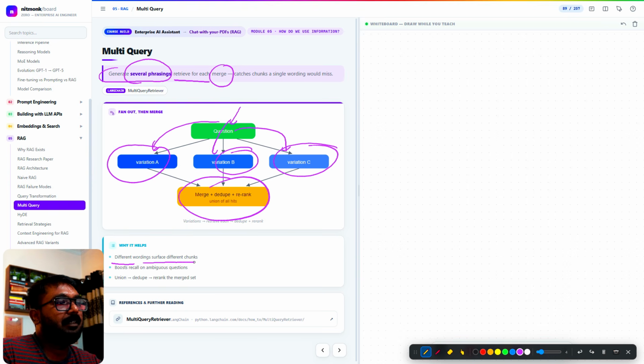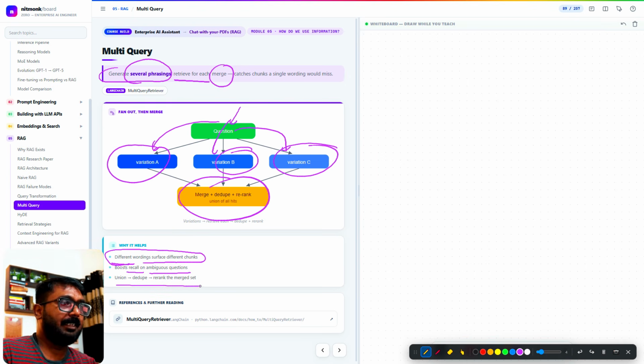So different wordings surface different chunks. Absolutely. If I have one question and I ask three similar-meaning questions, and then generate the embeddings, there will be many more vector-similar chunks available for the generation, right? Boost recall for ambiguous questions: union, dedupe, and re-rank merge.